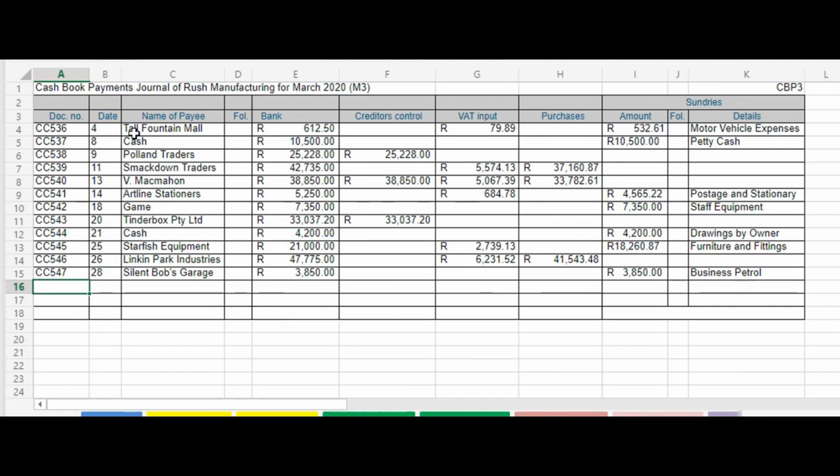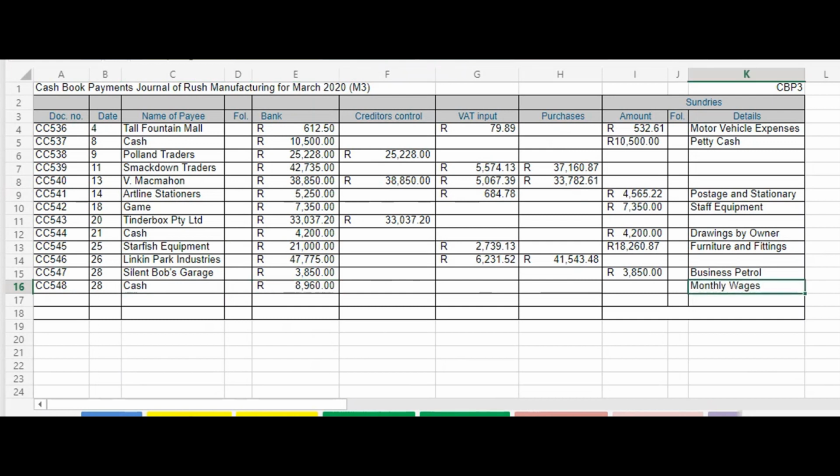Okay, so what do we do? We say, let's quickly calculate, record the document number. We know the date. We know the name of the payee. It was once again a cash check, full amount left our bank.